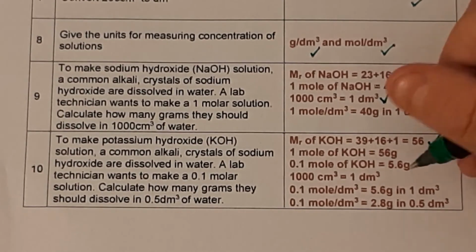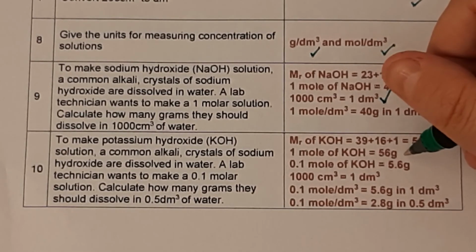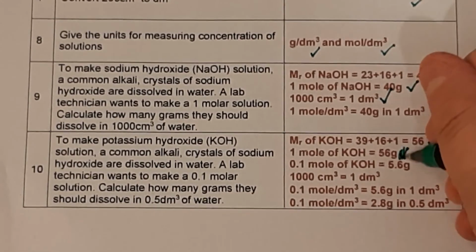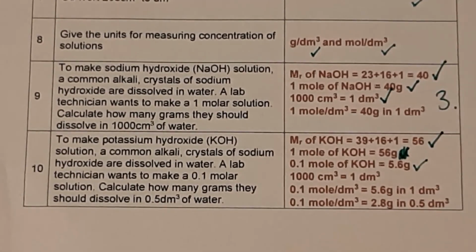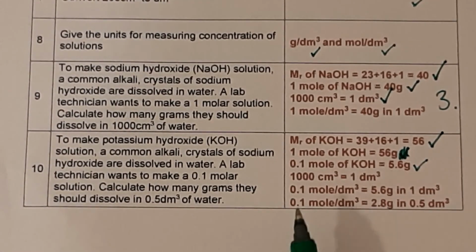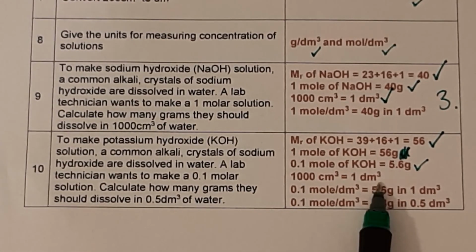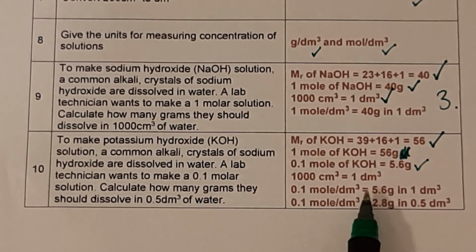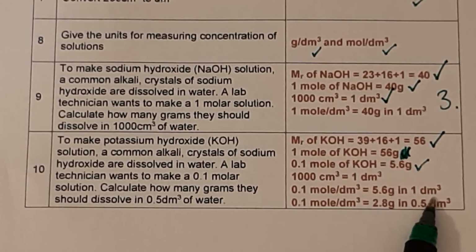Now 1 mole of potassium hydroxide is 56 grams, and 0.1 mole is 5.6 grams. And in fact, you don't get a mark for that part, you get a mark for saying that 0.1 mole of potassium hydroxide is 5.6 grams. Now, because it's a 0.1 molar solution they want, 1,000 centimetres cubed is 1 decameter cubed. 0.1 mole per decameter cubed solution is going to require 5.6 grams in 1 decameter cubed.